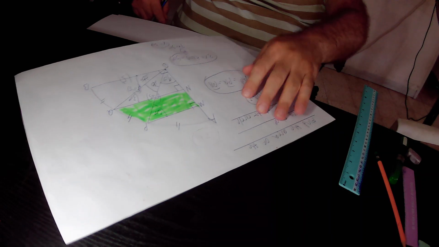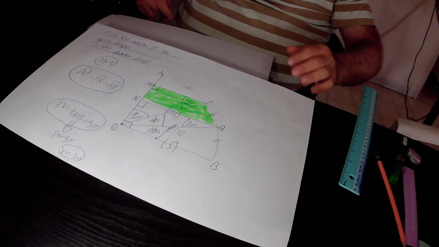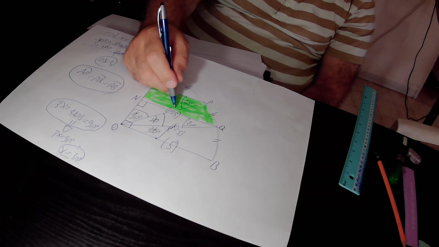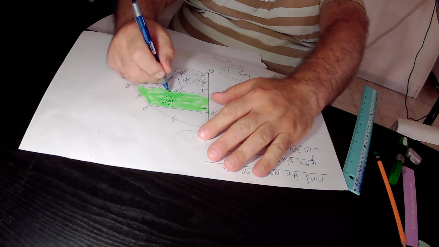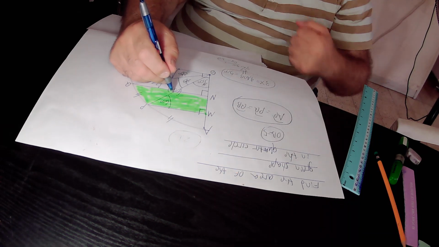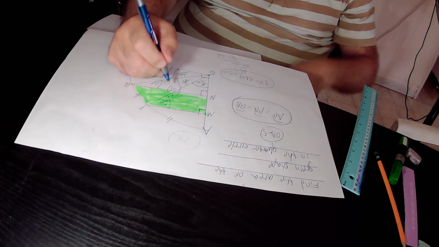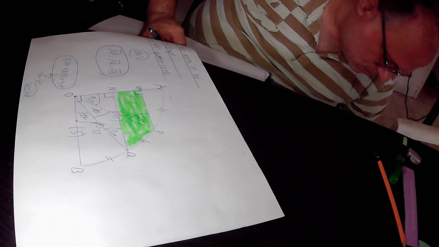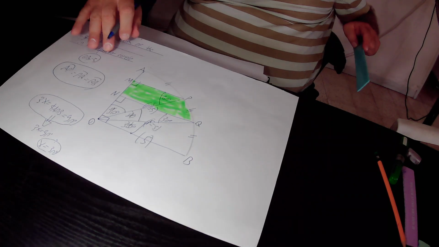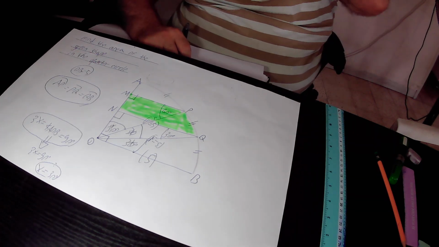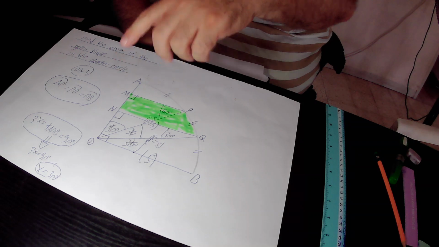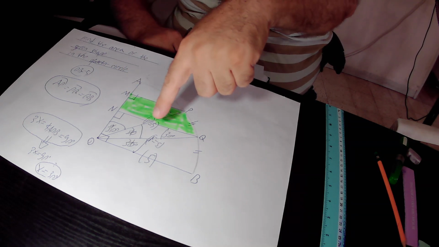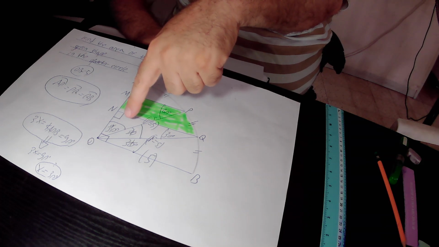From the drawing, first of all, we will define this point as point S. It is very easy to see that the right triangle MPO consists of this green quadrangle MNSP and this right triangle NSO.